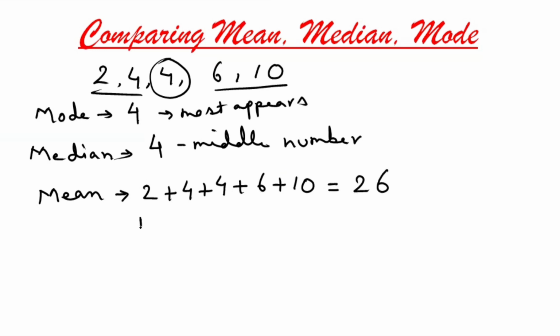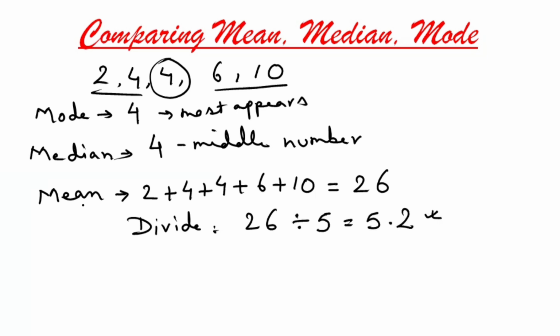We have to divide 26 by counting how many numbers there are in the given data. 1, 2, 3, 4, 5. It means 26 will be divided by 5. And when we divide, our answer will be 5.2. This is the mean. See how easily we can find the mean, median, and mode.